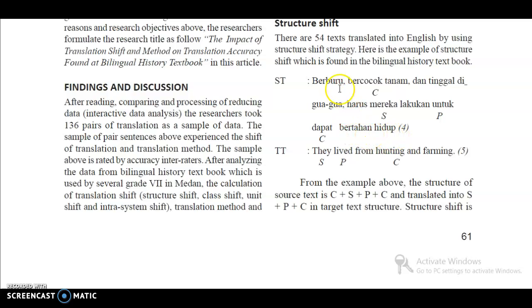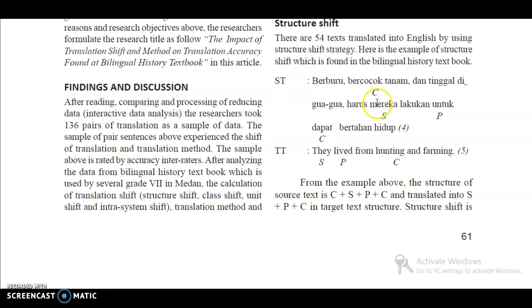We can see here berburu is a complement, then subject, predicate, complement. So this is the structure. However, when the translator translated the source text, it became they live from hunting and farming. Okay, it is clearly subject, predicate, and complement.